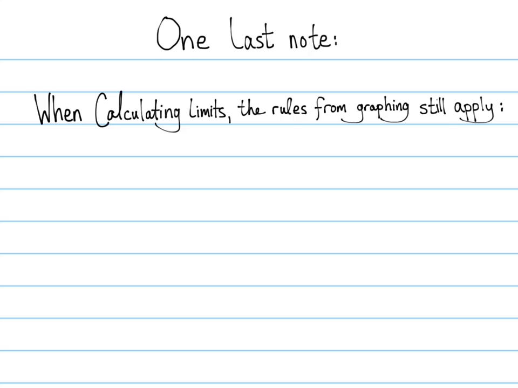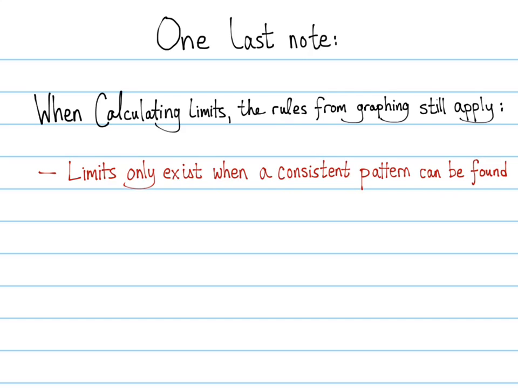And so let's make a couple of notes here. When we're calculating limits, basically you're going to be plugging things in, but you're going to be looking for the same patterns that you looked for when you were graphing. Limits only exist when a consistent pattern can be found. Just like the graph of sine of x, if you're wiggling around too much, you may not wind up ever going to a specific number as we take the limit.